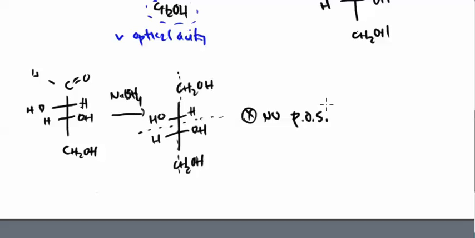Because there's no plane of symmetry, that means that if I take threose and put it in the polarimeter, I'll get a read. Then when I add sodium borohydride to it and convert this to a CH2OH group, well, that molecule in a polarimeter would give me optical activity.